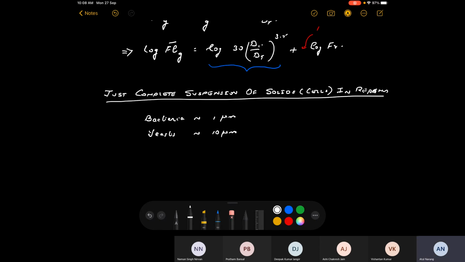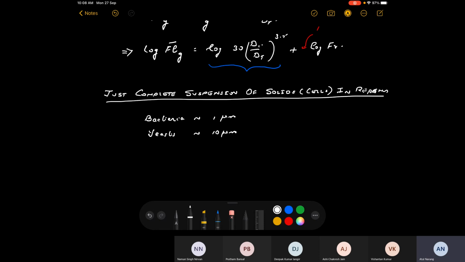So let me just point out where I'm going with this. What I'm trying to say is that typically this suspension problem appears in reactors which have solids of higher size. And the reason for that is the bigger the size of a particle, the higher its terminal velocity. I hope you know what the terminal velocity is, but I'll get to that in a minute.